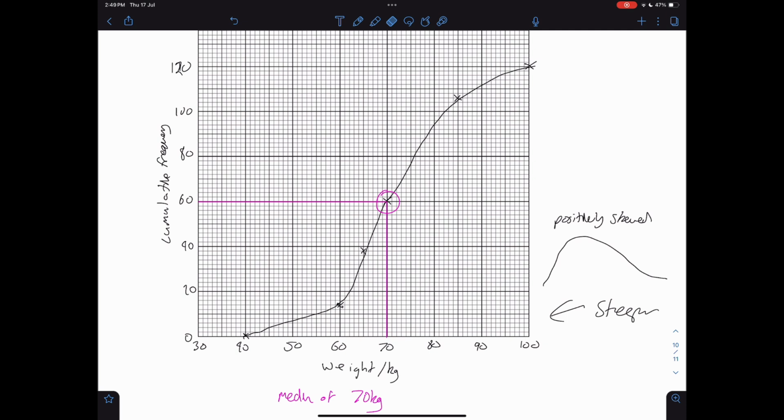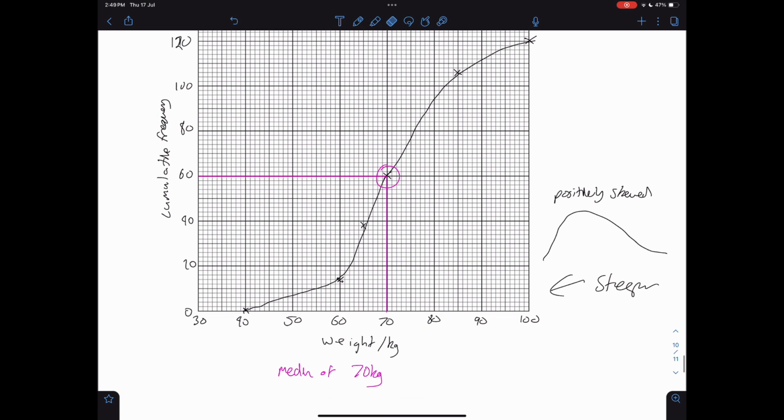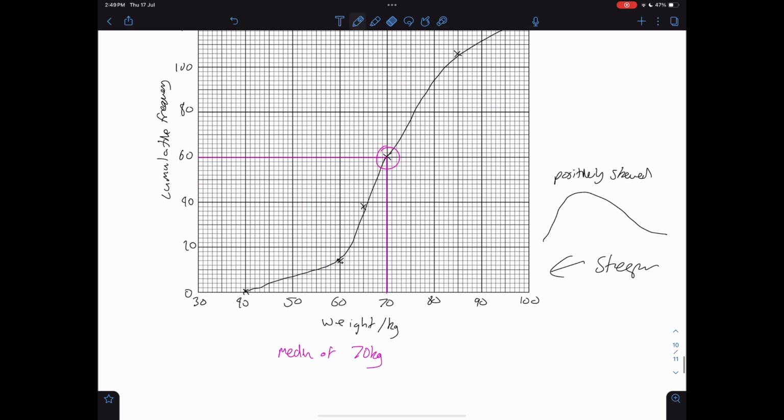But say it wanted the 80th percentile. 80th percentile means 80% of values are below that number.